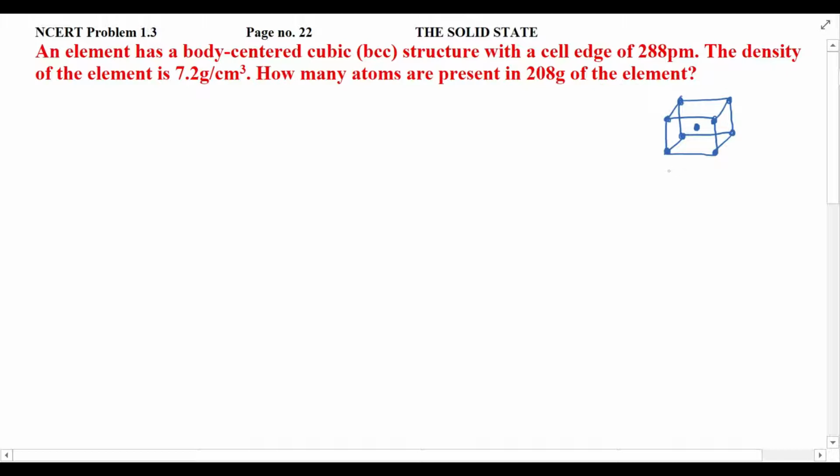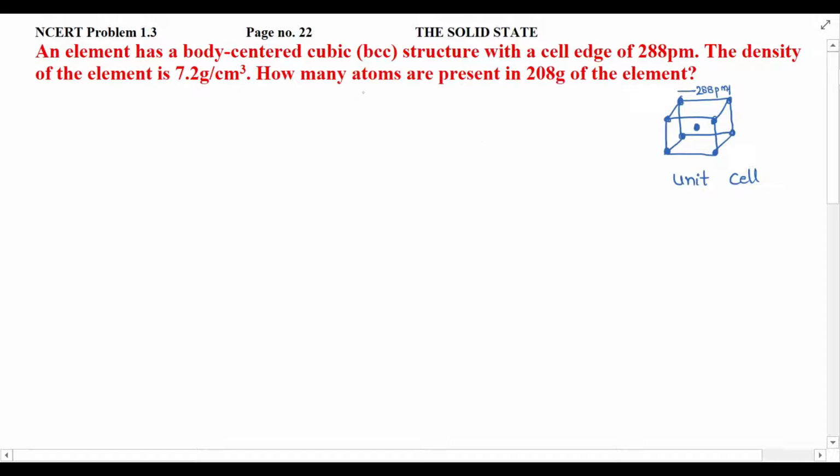Okay, so this is unit cell and the cell edge, that means this value is 288 picometer up to this place. So they are saying you have to find the number of atoms in 208 gram of the element. For this, what we will do, we'll first find the volume of unit cell, then the volume of 208 gram of the element.